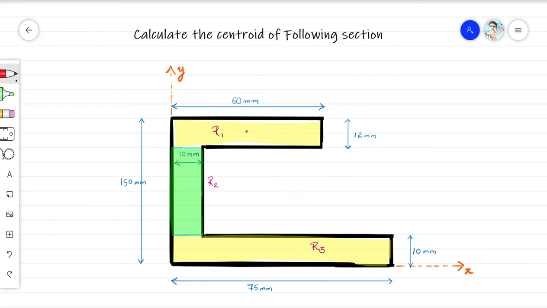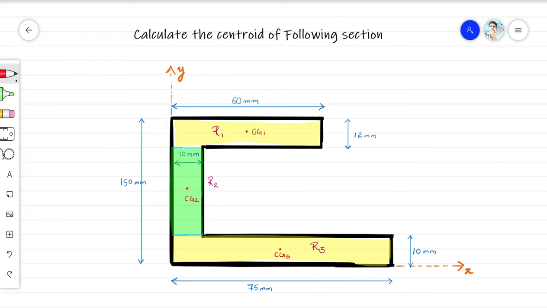So I assume this is a point where there is CG1, this is CG2, and this is a point where there is a center of gravity, which I consider as CG3 for rectangle 3.